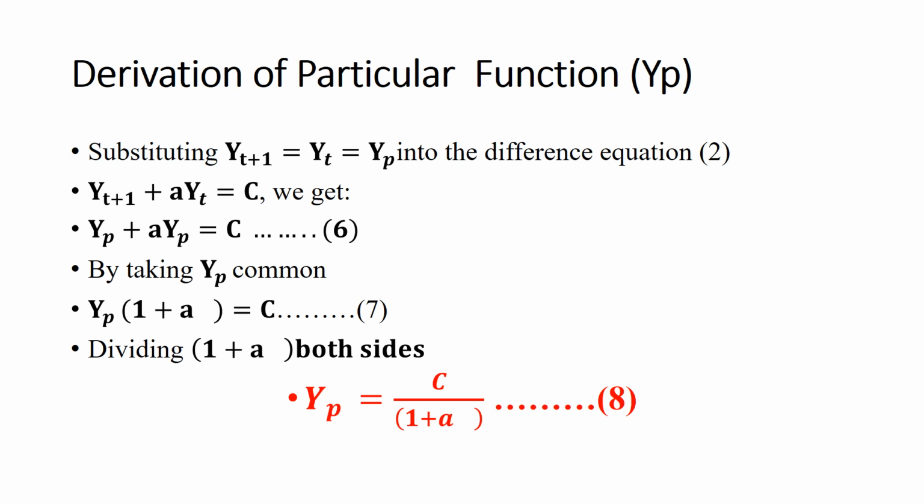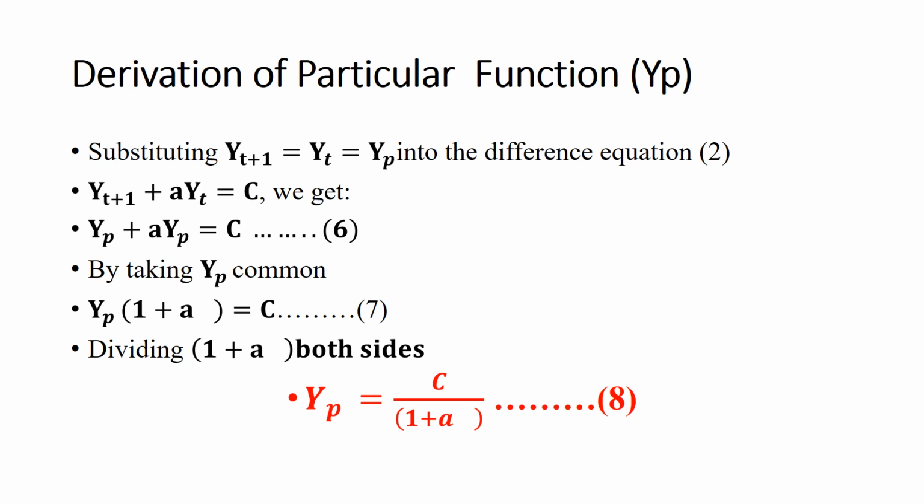Look, yp is the constant in two terms. So by taking the yp common, yp into 1 plus a is equal to c. So here is the remaining part.